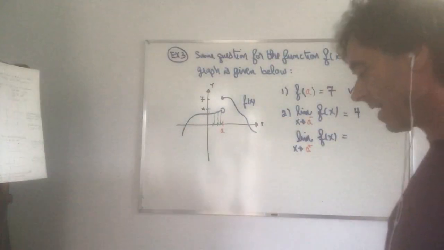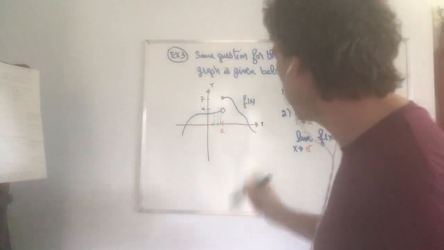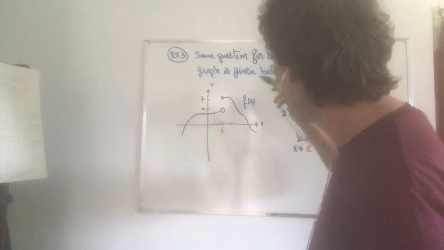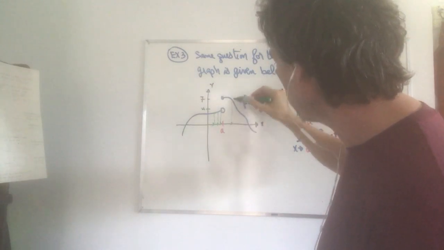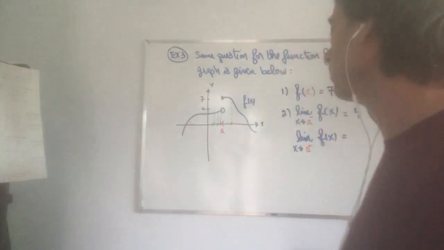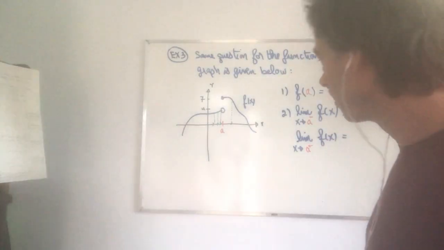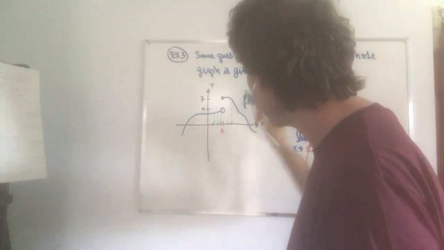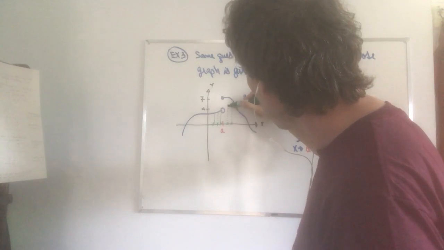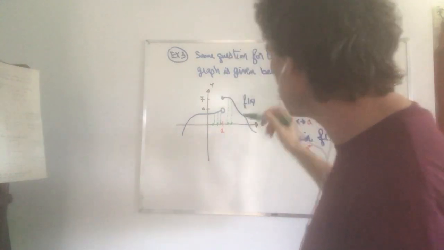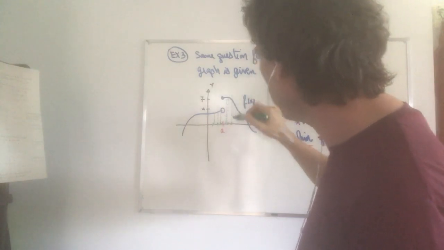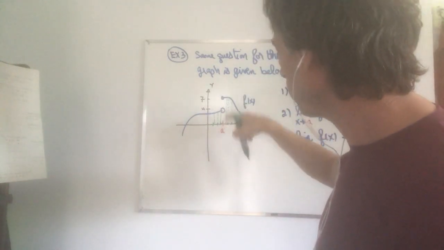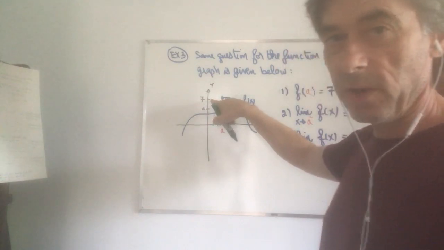Let us approach this now from the right side. I am now here on the right side of a. Where is the graph? What's the y value? Maybe 6 point something. Let me get closer. Where's the graph? Pretty close to 7. I think we get the idea. As I'm getting closer and closer to a from the right side, the y value being approached is 7.